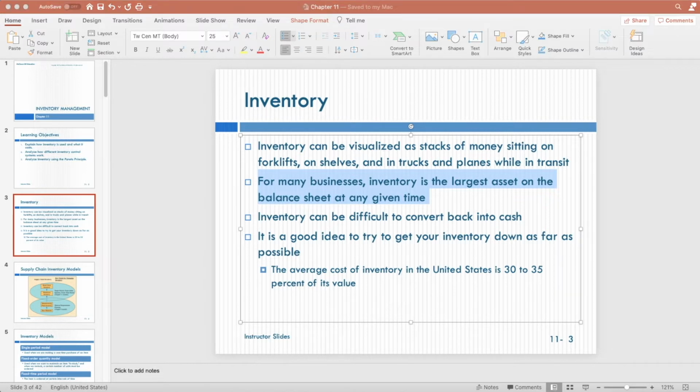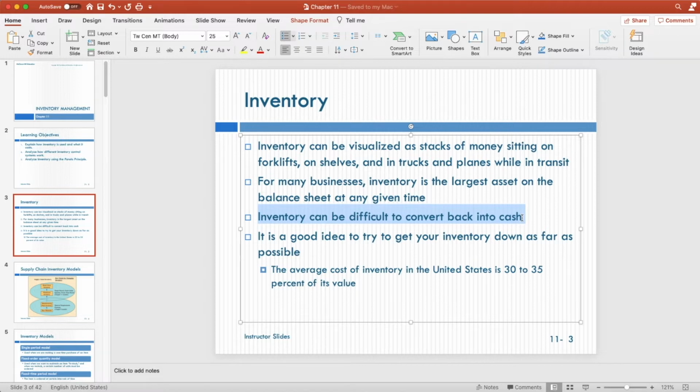As I say here, inventory sometimes is very difficult to convert back into cash. We know that inventory is a very important asset on your balance sheet, but your final goal is to sell all your inventory and convert it back to cash flow, such that you can produce some more new products and give them to customers.